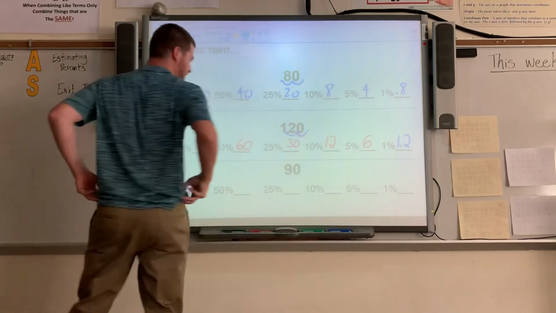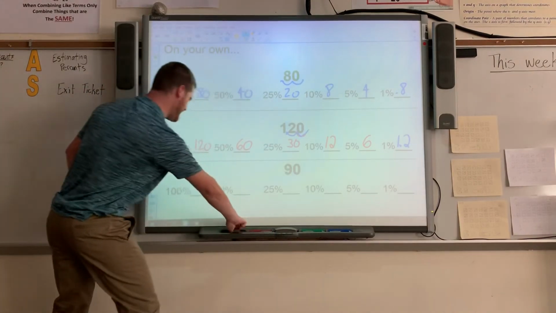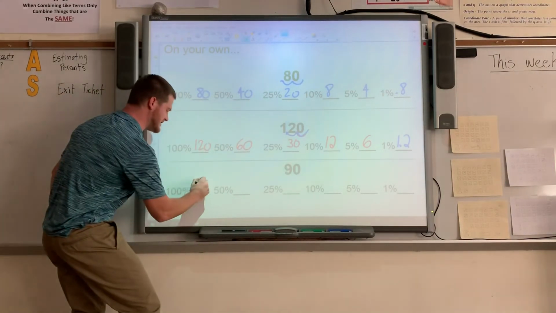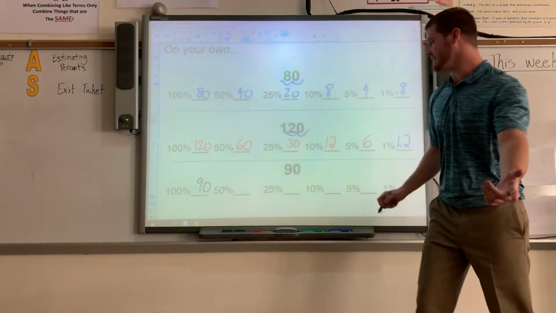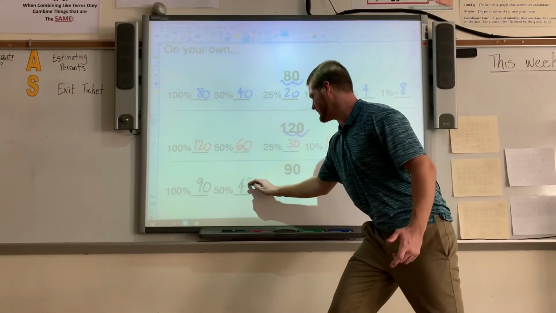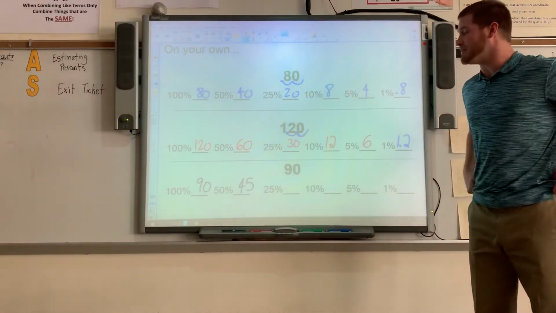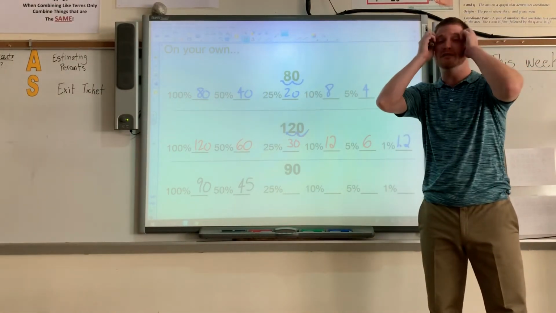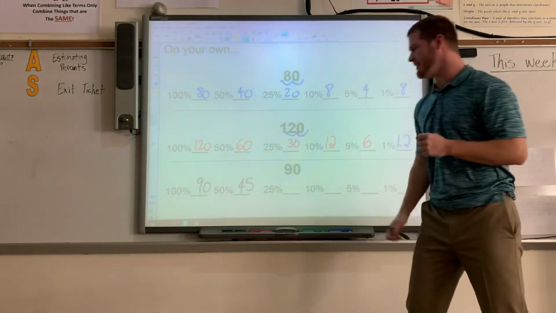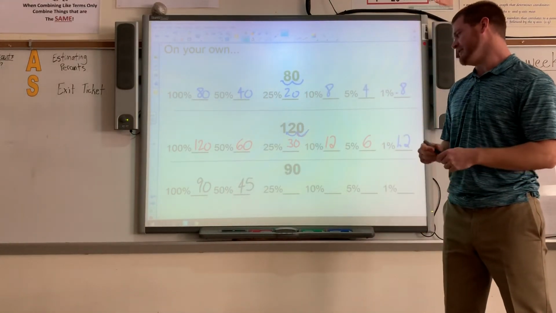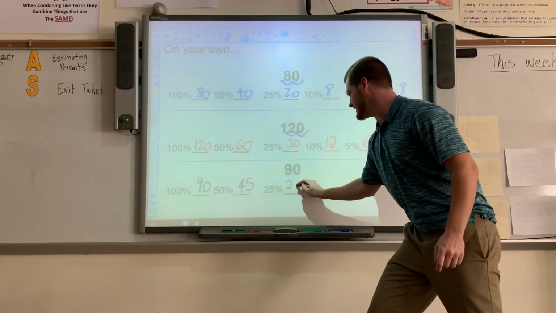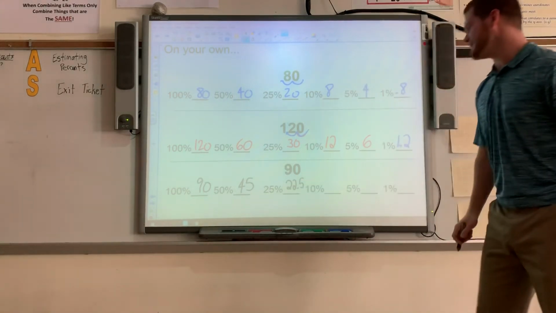Last but not least, filling this in on the worksheet as we go. 100% of 90 gives us obviously 90. 50%, a little tougher. What's half of 90? That would give us 45. 25% of that. What's half of 45? Remember, take half again. Half of 45 would give us 22.5.